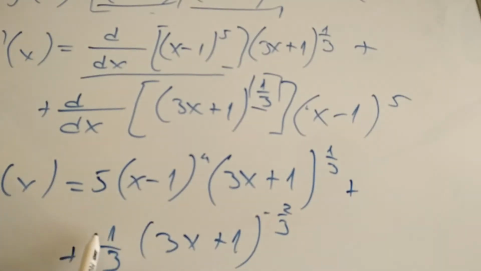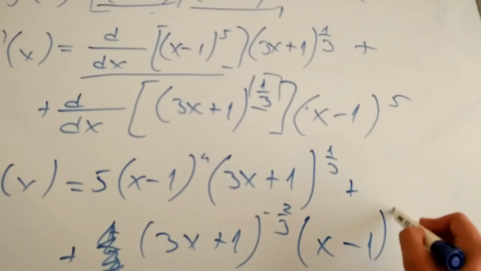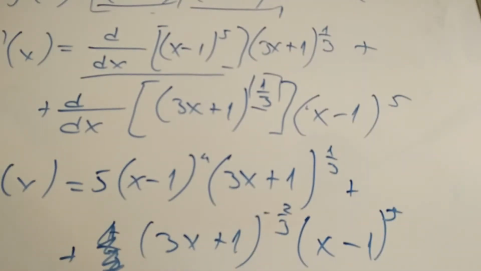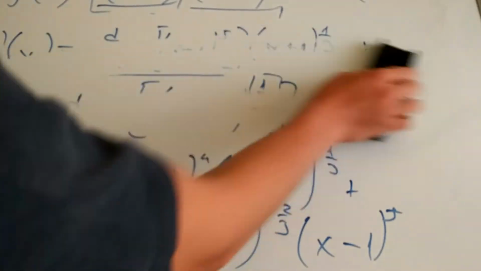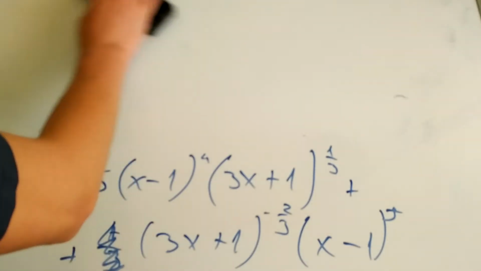So here we will multiply times 3 and we'll get rid of this fraction. Then we have here times (x minus 1) to the fifth power. So I think that we can simplify this a little bit. So let me just erase this and we will continue.